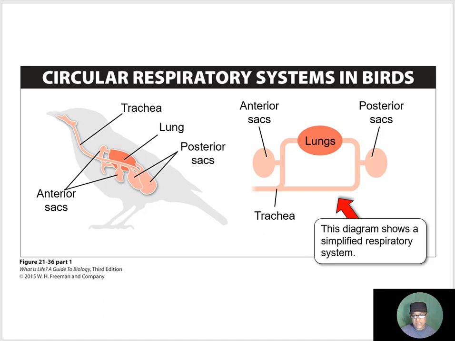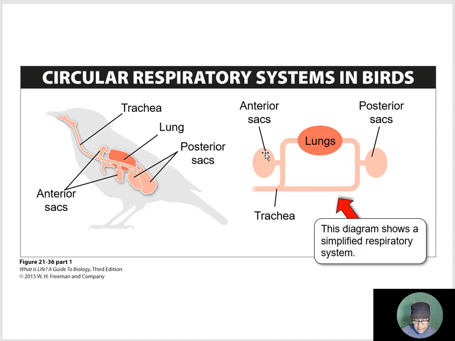Well, it turns out just like scuba divers that have an extra tank of oxygen on their back, birds have the same thing. They have these air sacs. These air sacs basically act as an extra tank of air, oxygen, for the bird. So we have the trachea coming down. Here we can see a branch with an air sac going to the lungs.